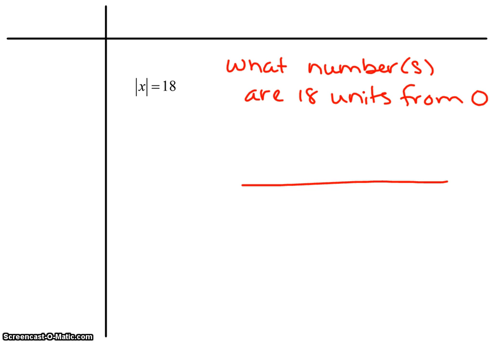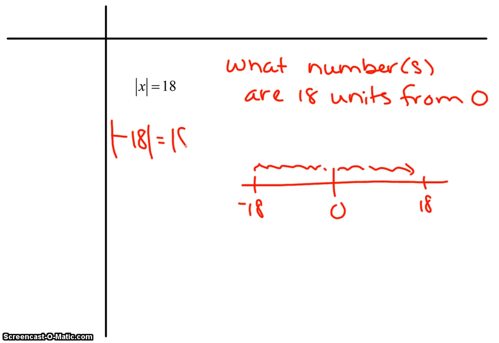So when we look at that number line, we start at 0, we can walk 18 steps to the right, we can walk 18 steps to the left, and that's what we find out. And so when I plug in negative 18, I get 18. And when I plug in positive 18, I get 18.